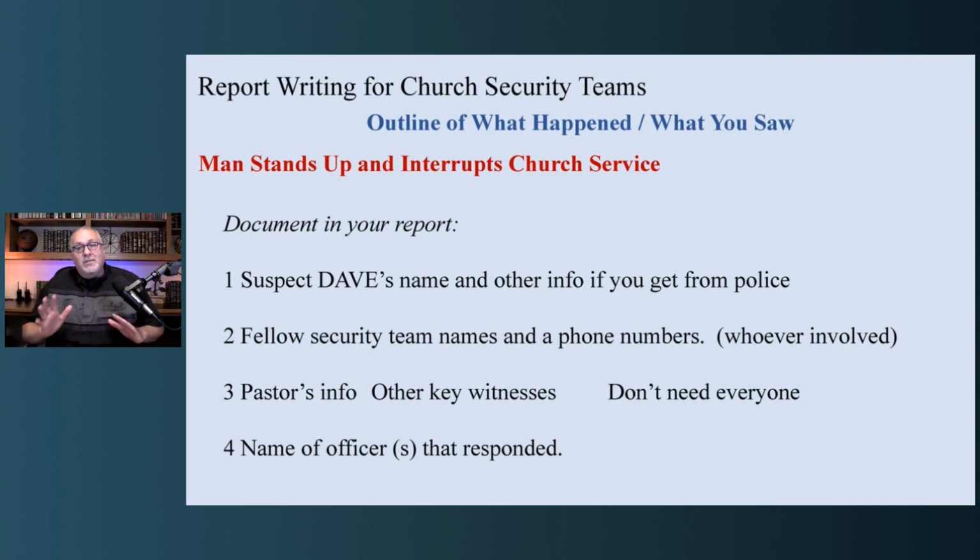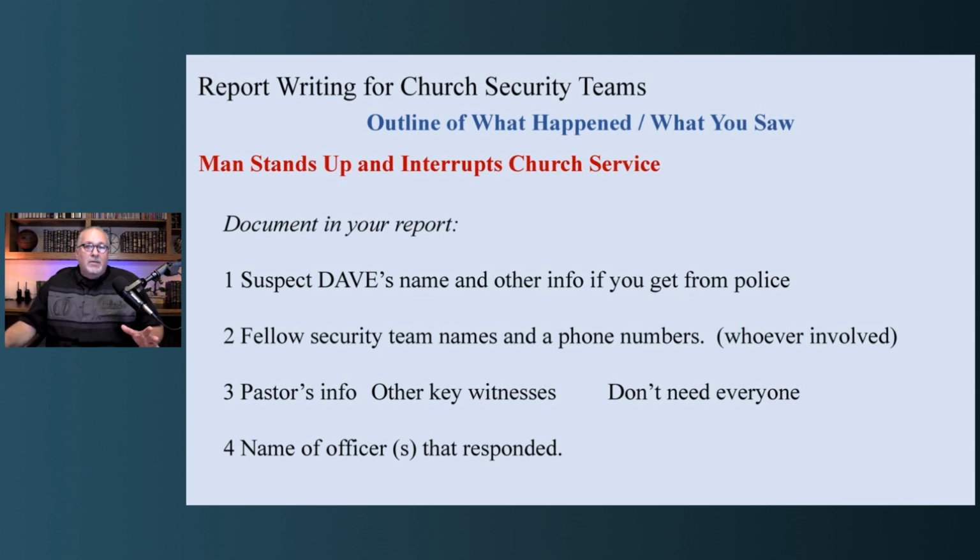And I recommend we stick to more of the basics, but get the details in here that you need to. Document in your report Dave's information, if you happen to overhear it as the police are talking to him and getting his information, or the police give you the information. Who on the security team was involved, put their names and phone numbers, home phone numbers, so that somebody could get a hold of them, the pastor's info or any other key witnesses.